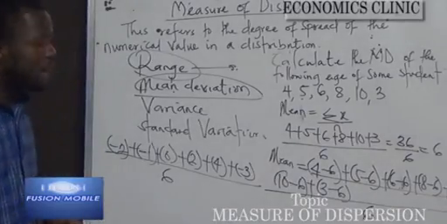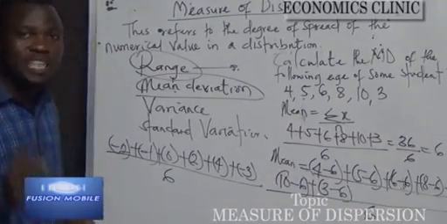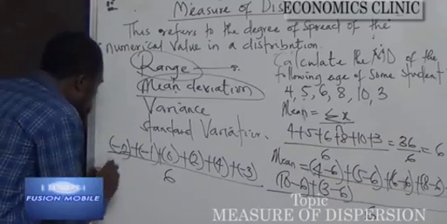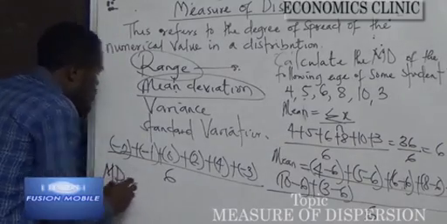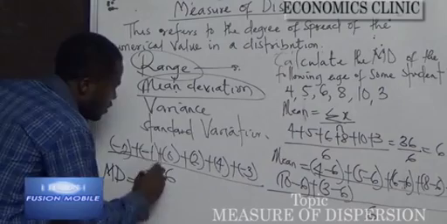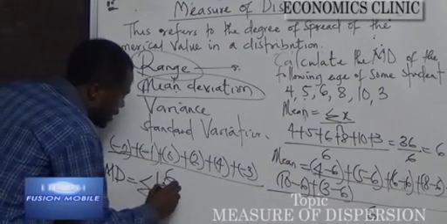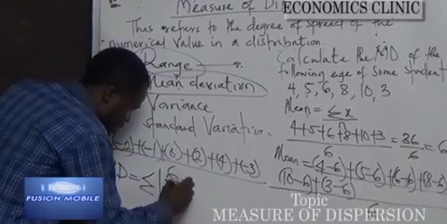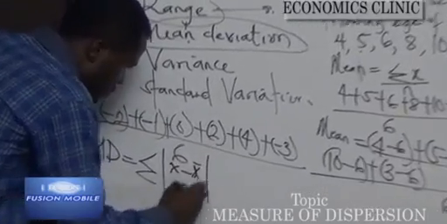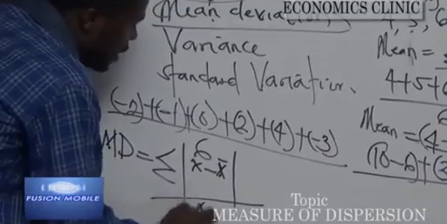Before we move ahead, it is very important that we note that the formula for mean deviation is summation modulus of x minus the mean, divided by n.